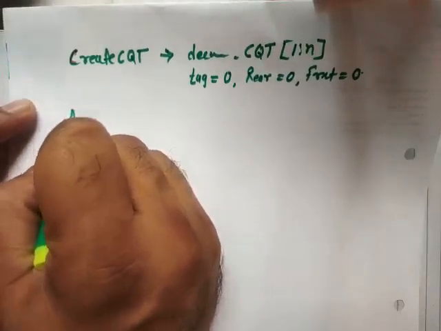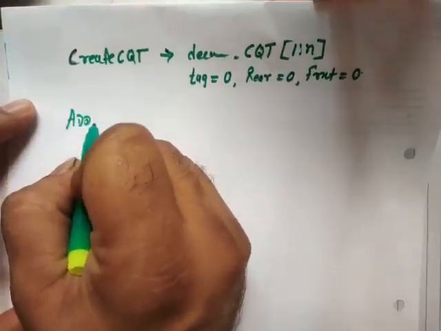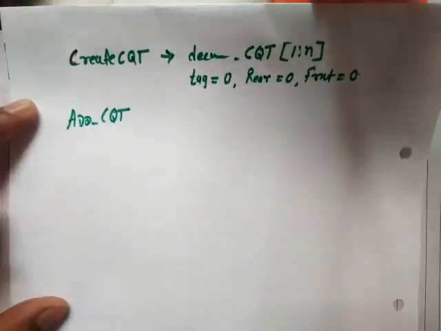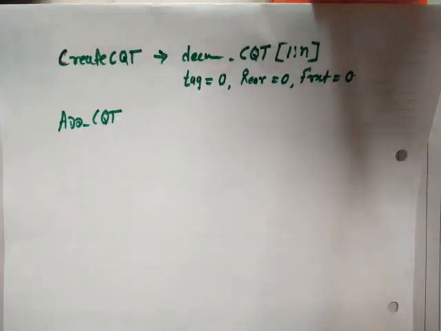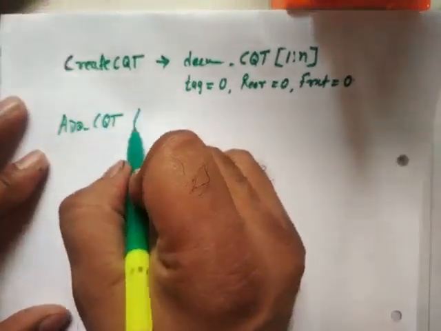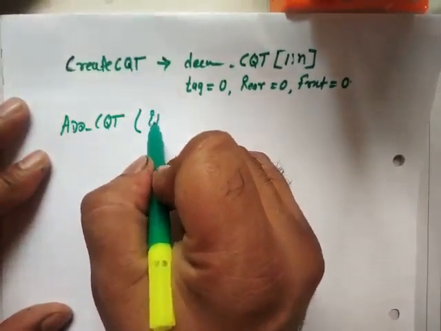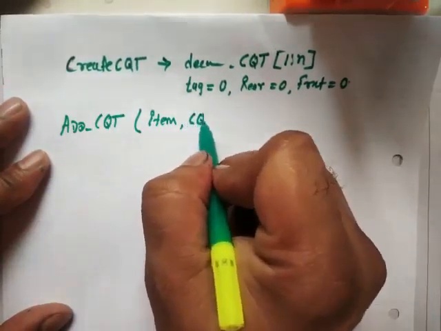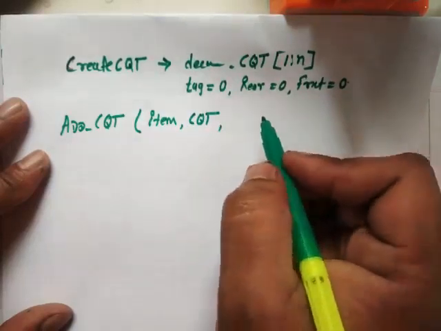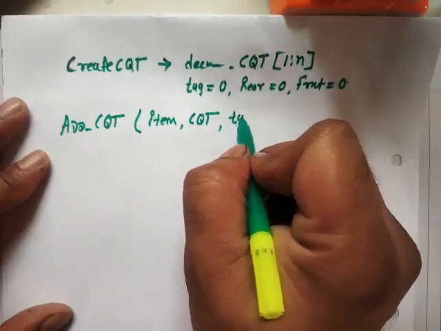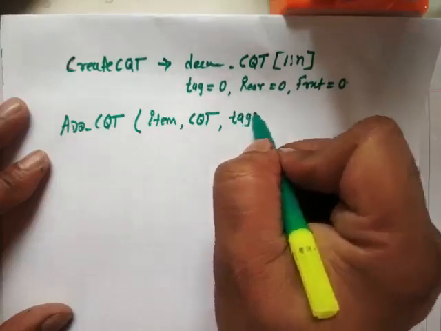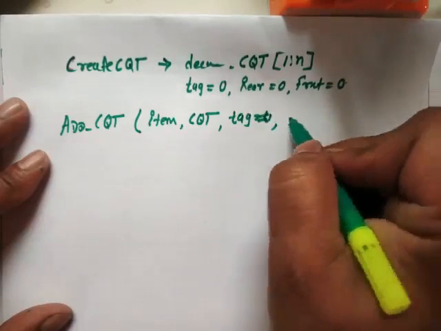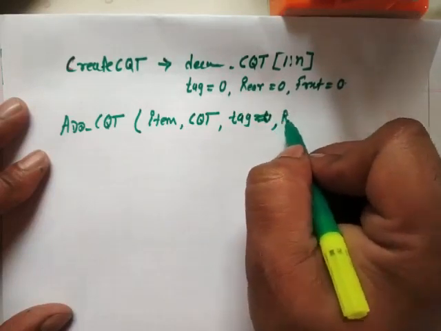Okay, then the next algorithm is the algorithm for add element in circular queue. So, add in CQT. Basically this algorithm takes as input an atom, then the array CQT, then the tag variable, which is a kind of flag variable, then the rear pointer.